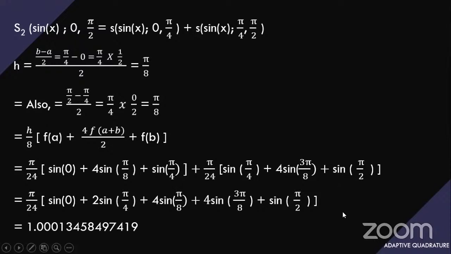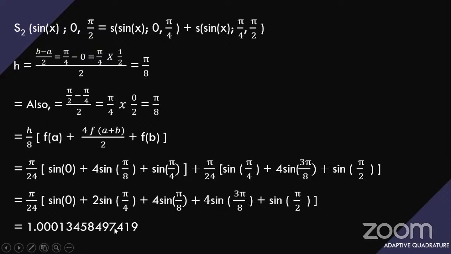So from here, we can collect like terms. That's the one that has pi over 4 plus the one that has pi over 4. When we add it together, we'll get 2 sine pi over 4 plus 4 sine pi over 8, plus 4 sine 3 pi over 8, plus sine pi over 2.